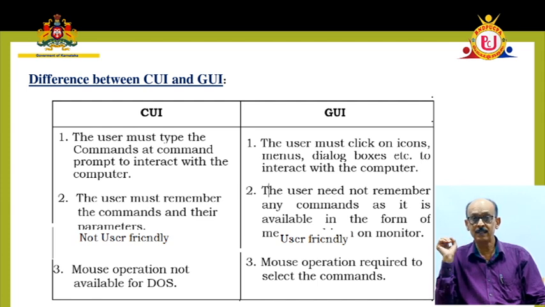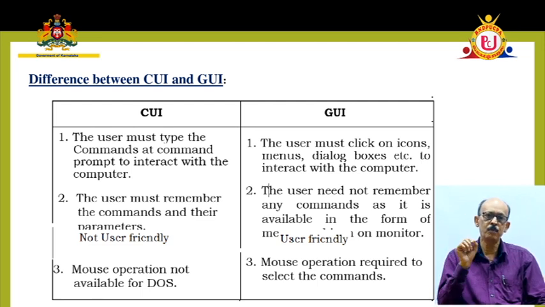The graphical user interface is totally user friendly. In the sense that by looking at the screen itself, you can do many different operations using the mouse pointer. You have the right click, left click, and the middle scroll button. There are many options on the graphical input device called the mouse.